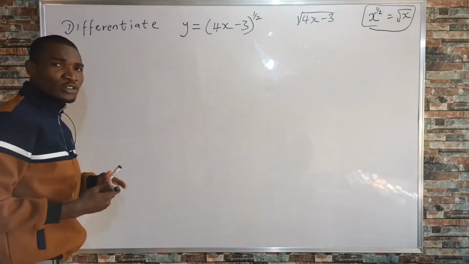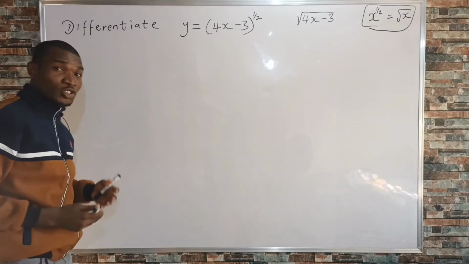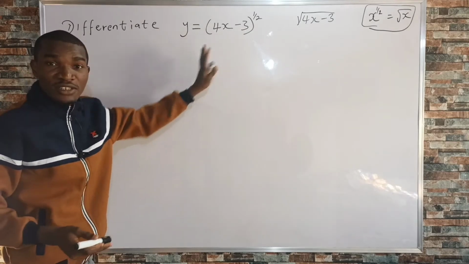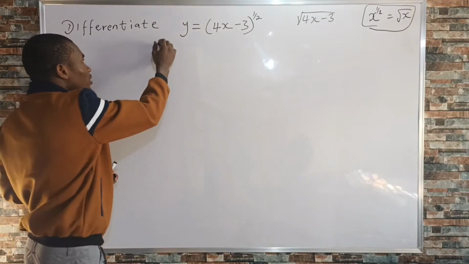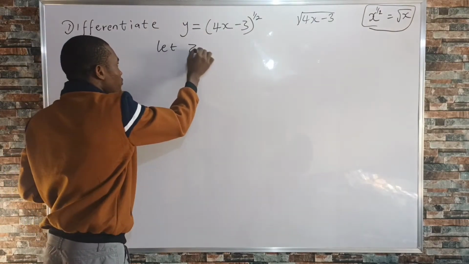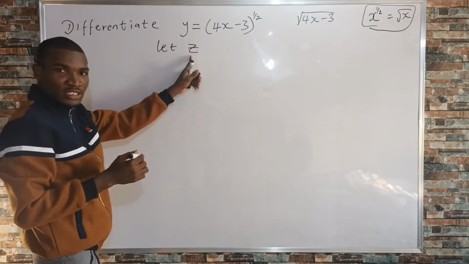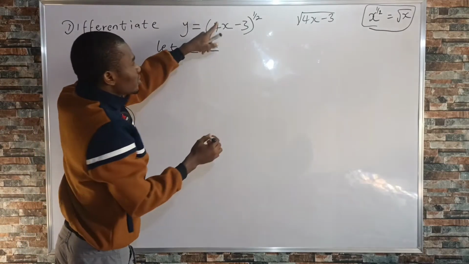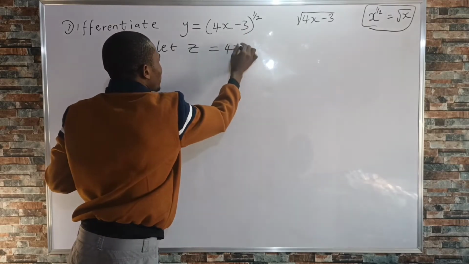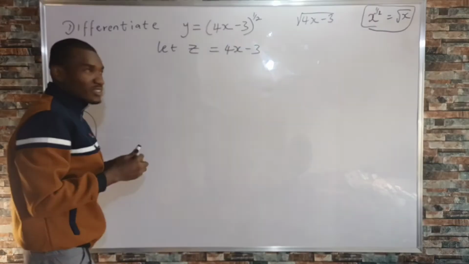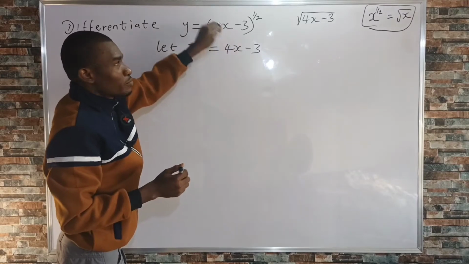Remember that if we want to use the function of a function or chain rule to differentiate this given function, first of all, we shall let a given variable, assuming z, represent the expression 4x minus 3, that is the expression contained in the bracket.